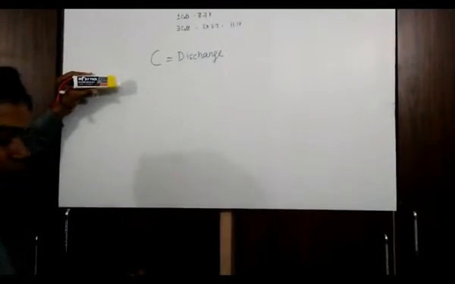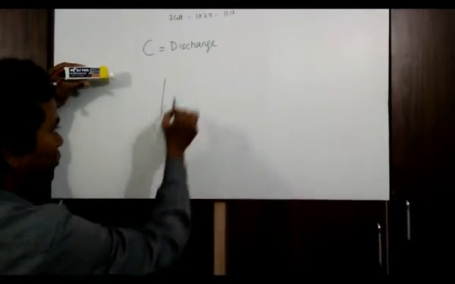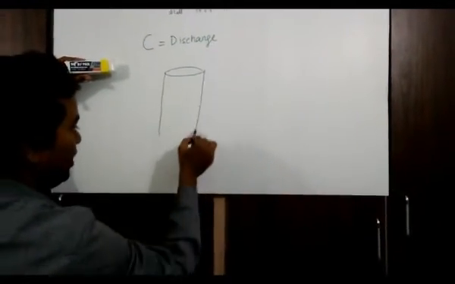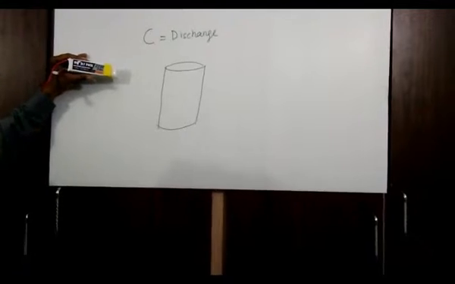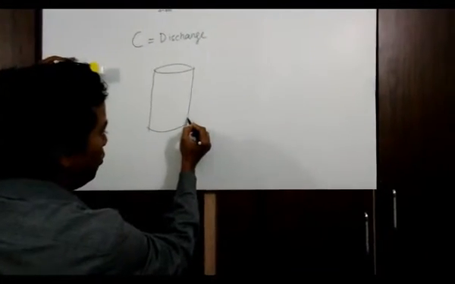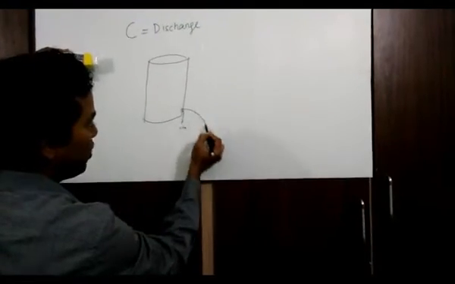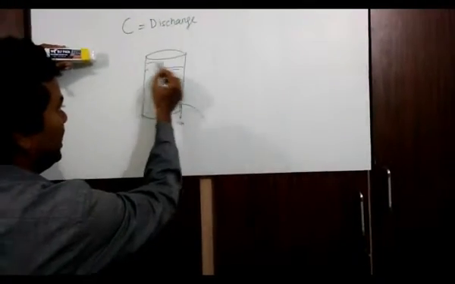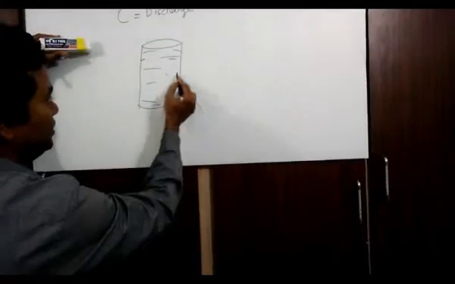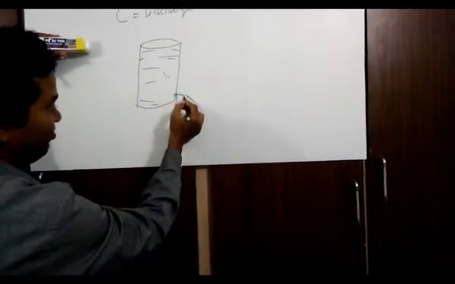Let us consider we have a tank full of water. Now if you have a very small hole, let us say a 1 centimeter hole, it will discharge water, right? It has a height of head, so the water will come out.